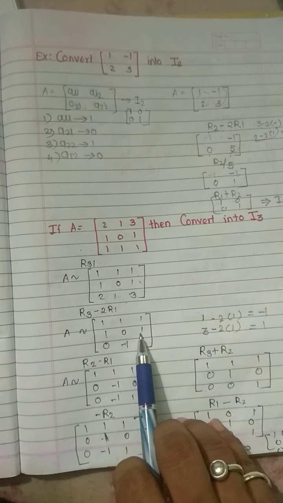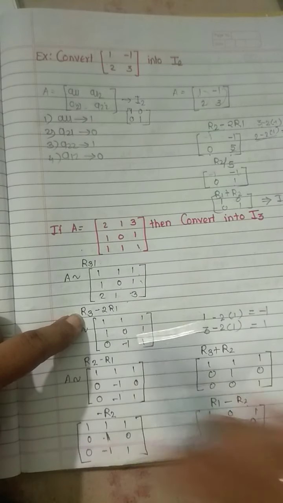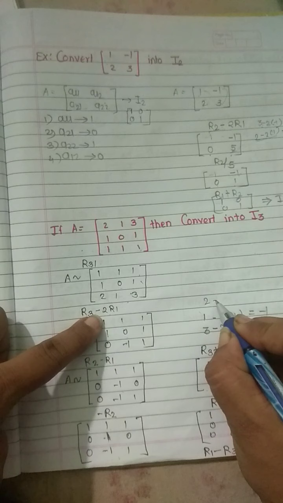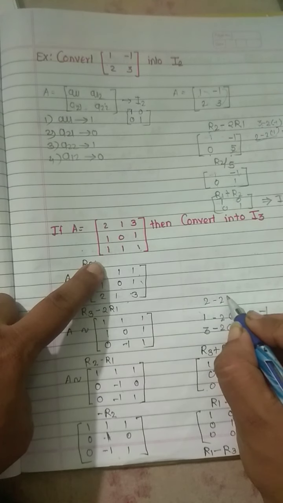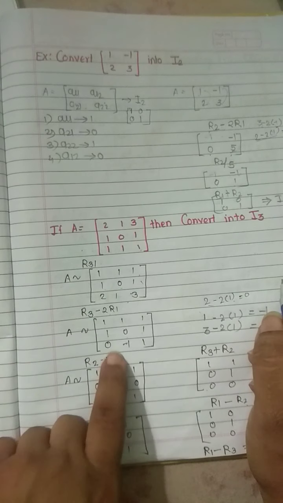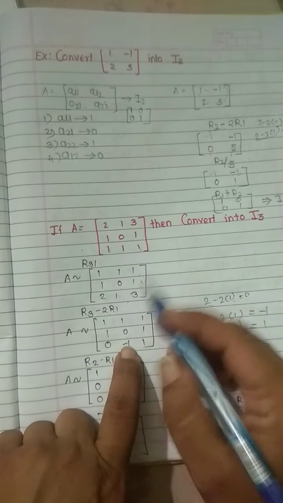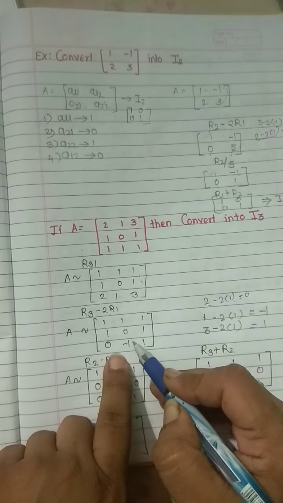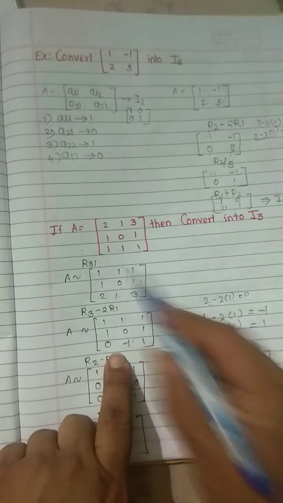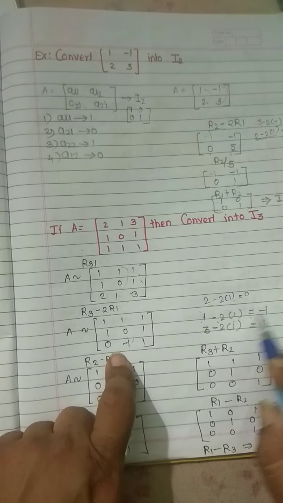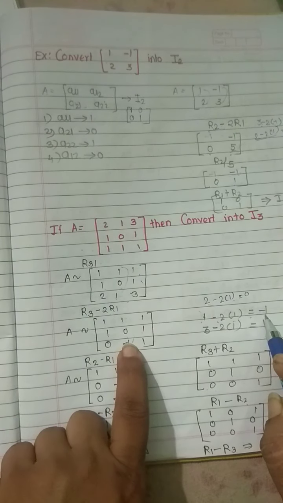And the third row elements are written as: first element is 2 minus 2 times the corresponding element 1. Simplify this, we get 0. Second element is 1 minus 2 times the corresponding element 1, 1 minus 2, simplify, we get minus 1.